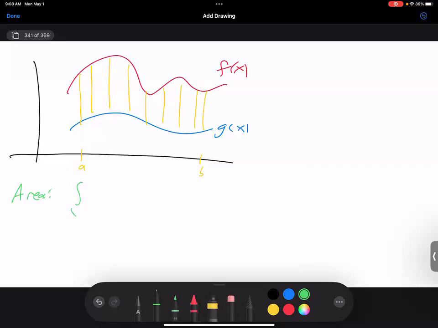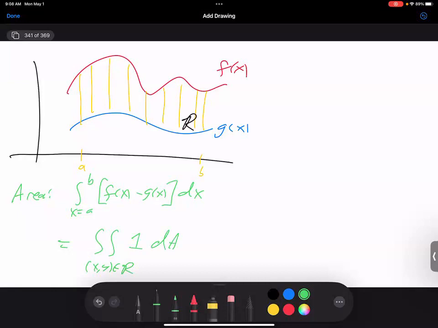It's going to be the integral x goes from A to B of f of x minus g of x dx. And it also equals the integral over, let's call this region R, over all pairs x, y in R of the function 1 dA.